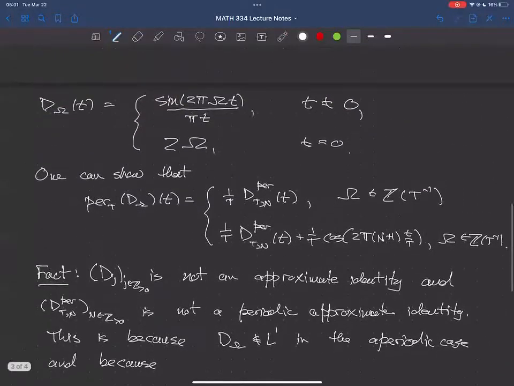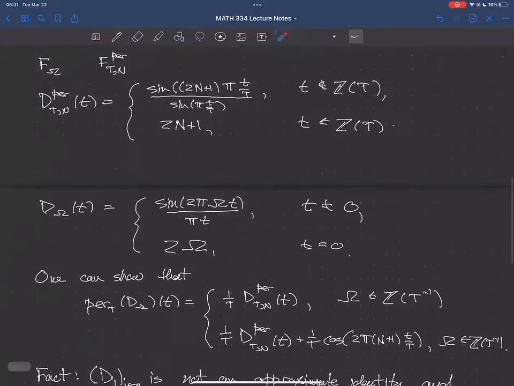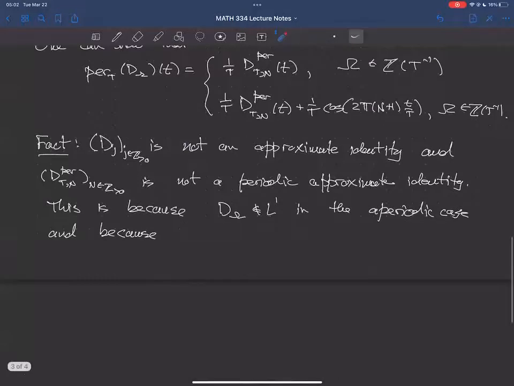Okay, but the condition that these do not satisfy in the periodic case is that, remember, one of the conditions for an approximate identity was that for the index parameter here, which is n, not j, there had to be a uniform bound for the L1 norms, okay, and that's what fails to be satisfied here. It's because the limit as n goes to infinity of the L1 norm of the periodic Dirichlet kernel is infinity.